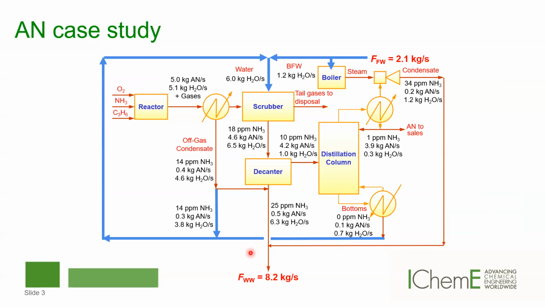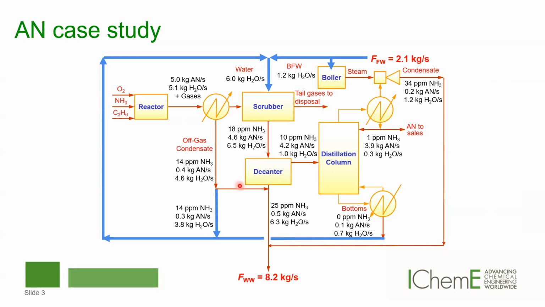And then we also were able to know the values of the recycling streams, wherein we're able to recycle 6 kilograms of water into the scrubber. So you should remember this.